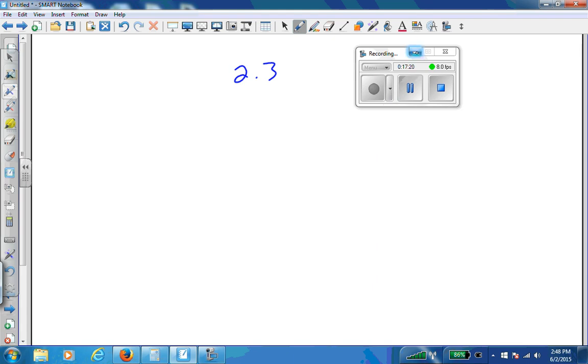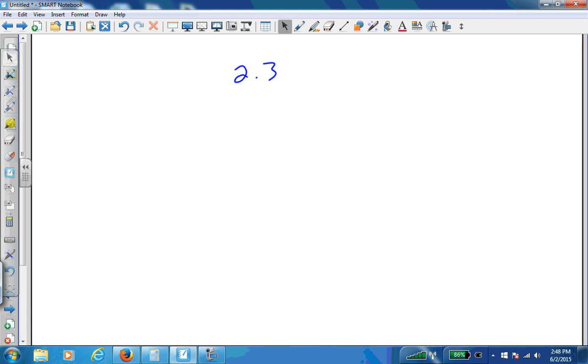As we get into 2.3, 2.3 deals with inverses of a matrix.